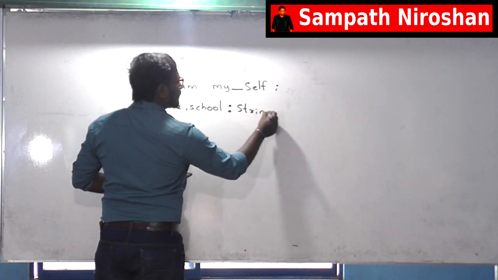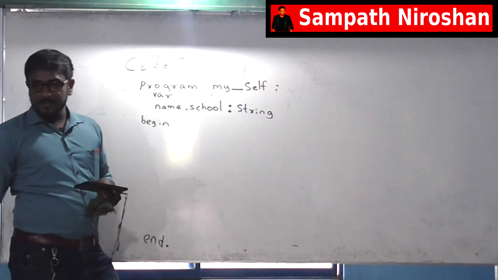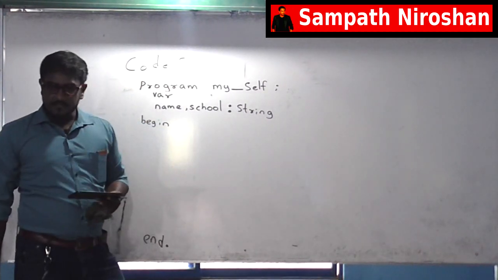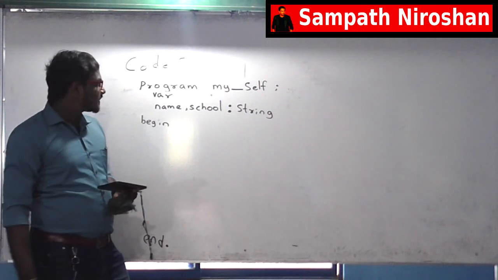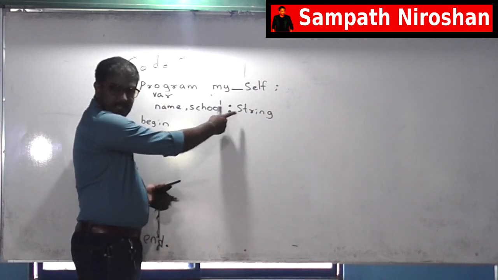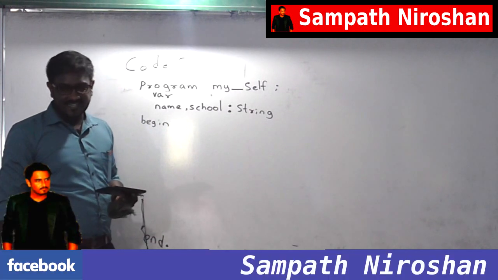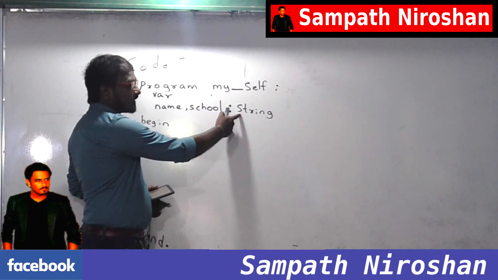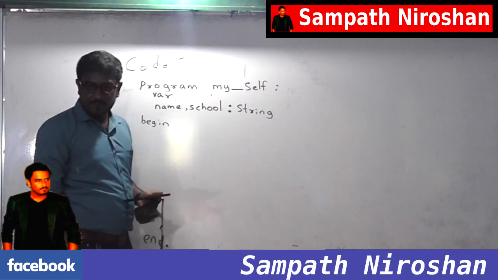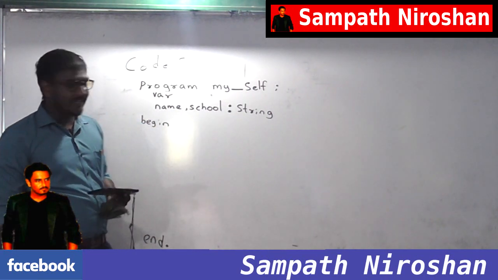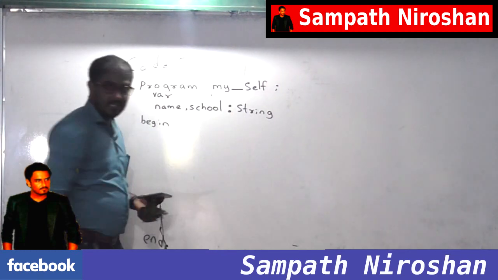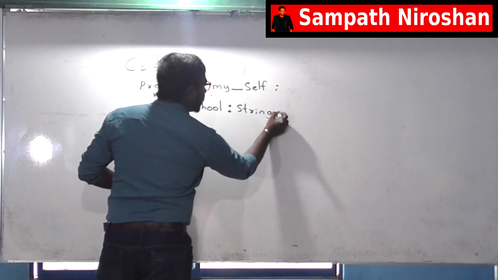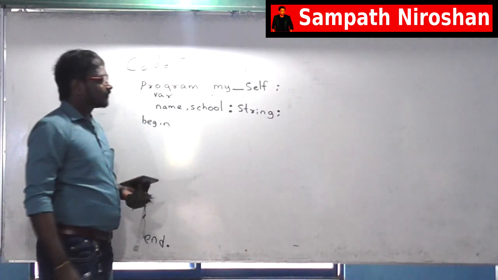And when you write the data type, be careful, you need to keep the first letter capital, because some IDEs won't consider uppercase or lowercase, but some IDEs, mostly Linux based IDEs, really consider this letter, it should be capital. If you are using Android Pascal IDE, definitely this should be capital, otherwise there will be an error. So to end the code, I am using the semicolon.